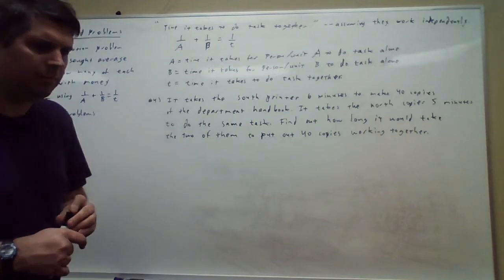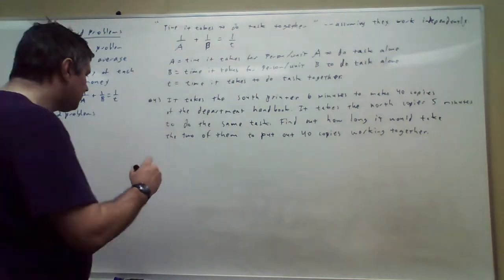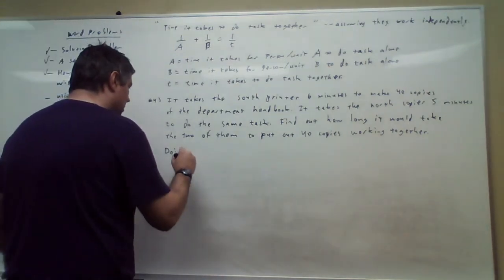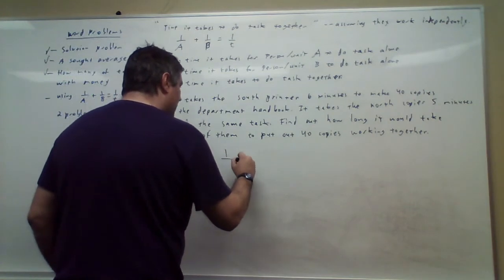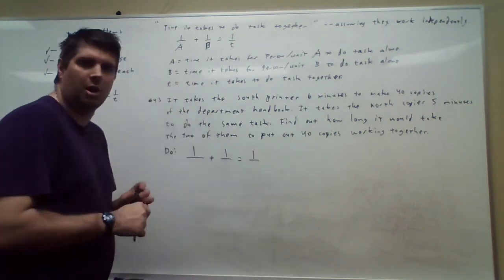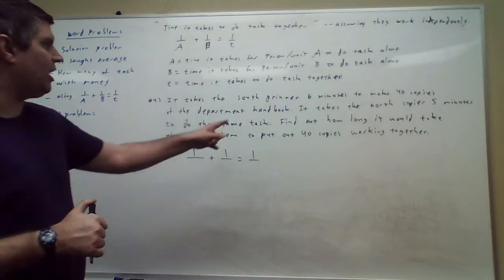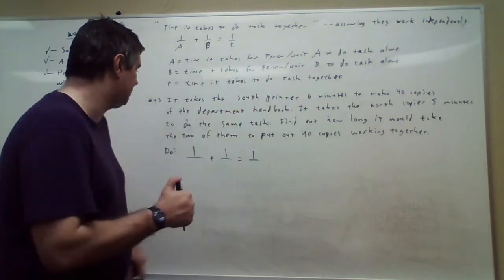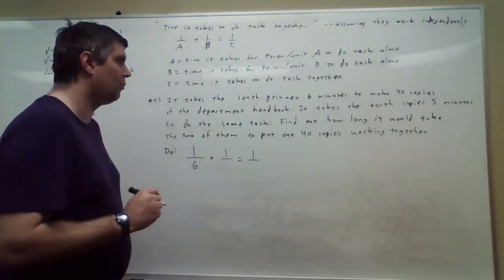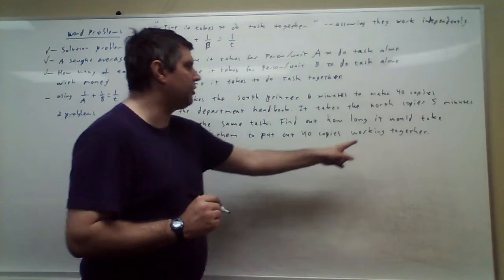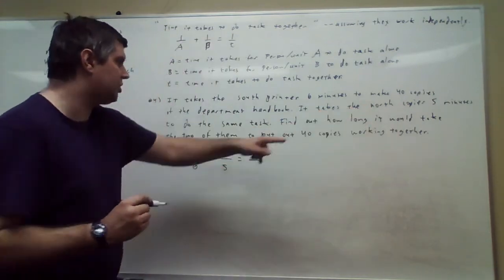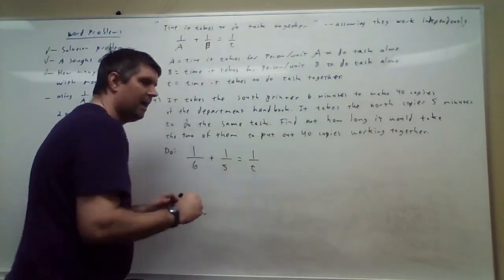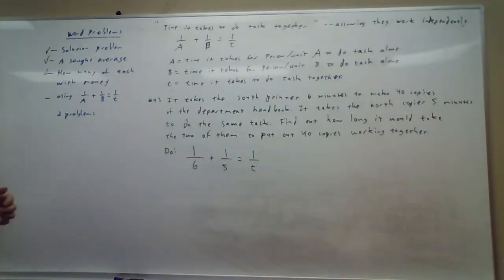Okay, well, 1 over A plus 1 over B equals 1 over T. The south printer takes 6 minutes. I'll let that be A, working alone. The north copier takes 5 minutes, working alone. The mystery is how long it takes the 2 of them to do the task together.